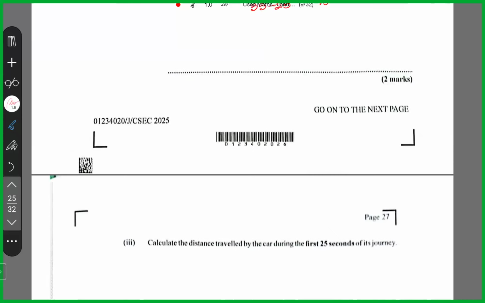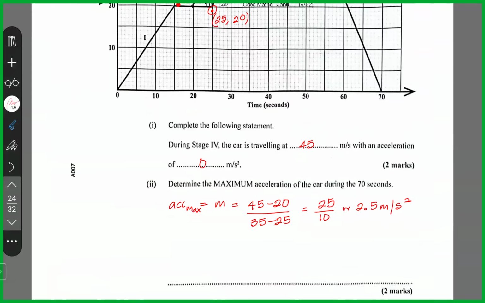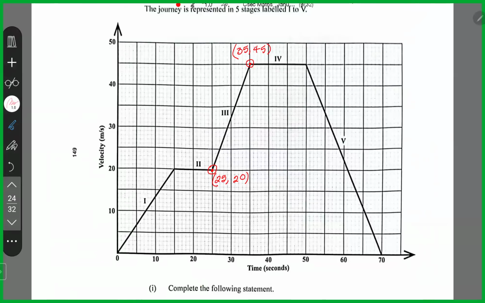Calculate the distance traveled during the first 25 seconds of the journey. Remember, for a velocity time graph, distance traveled is the area under the graph. So this is 25 after 25 seconds. And the area here is the area under the graph for the first 25 seconds.